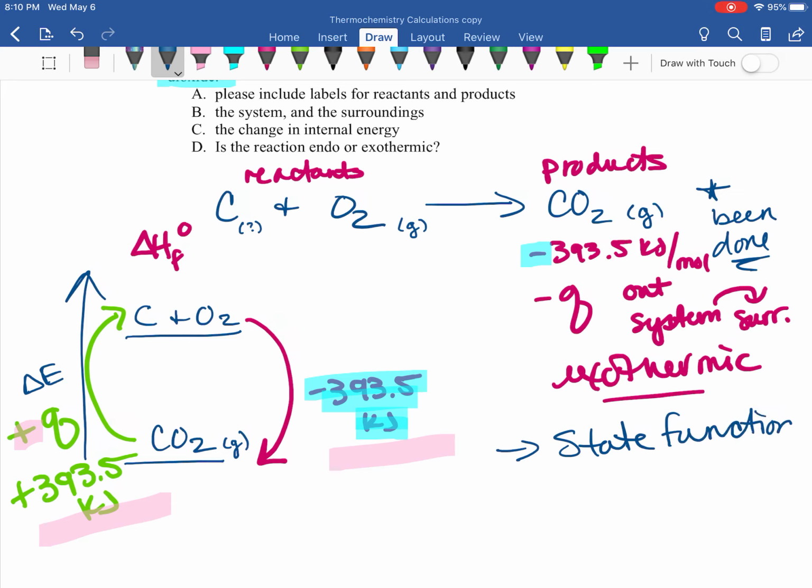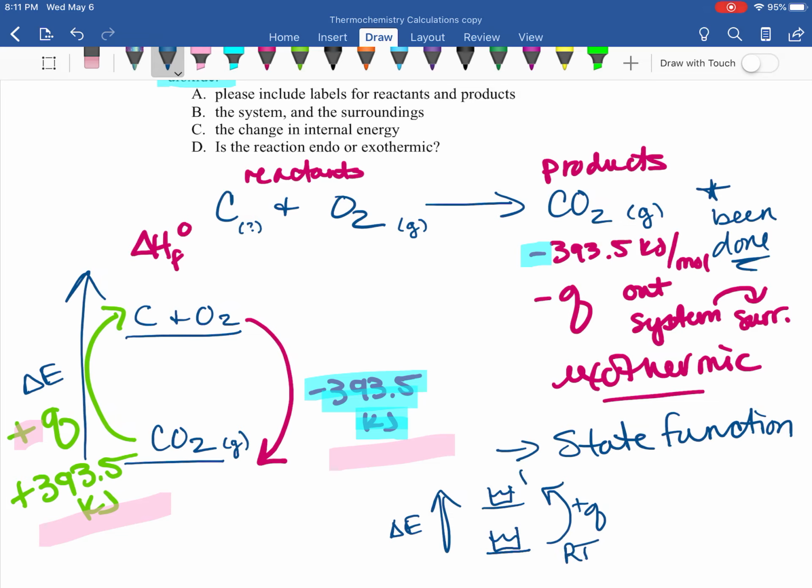Okay, I want to take a little bit of a sidebar and go back to our energy diagram with our water. So let's say we put our beaker of water on our stove, and we know that we put in enough heat flow to get that water boiling.